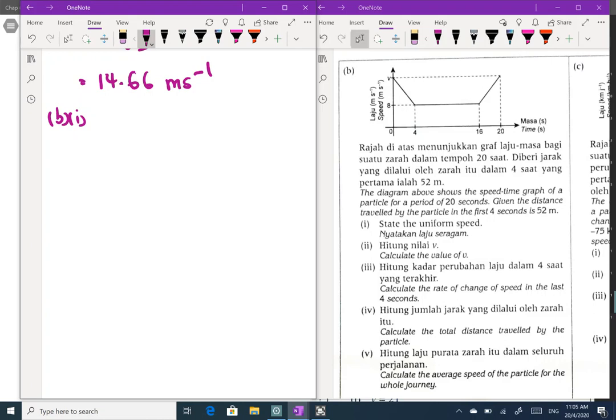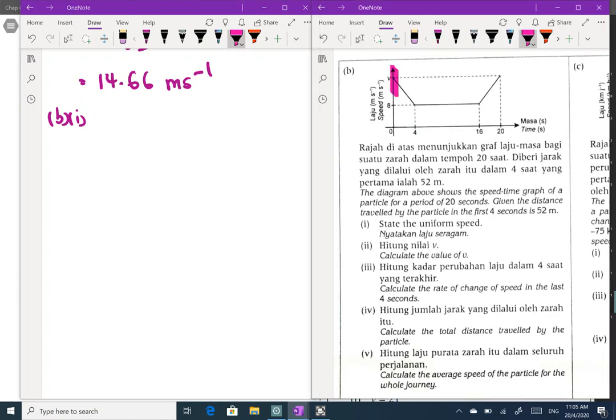Given the distance traveled by the particle in the first 4 seconds, the distance for this one is 52 meters.